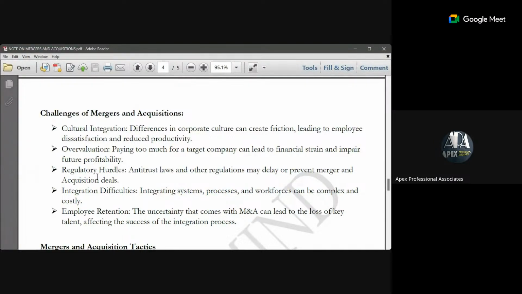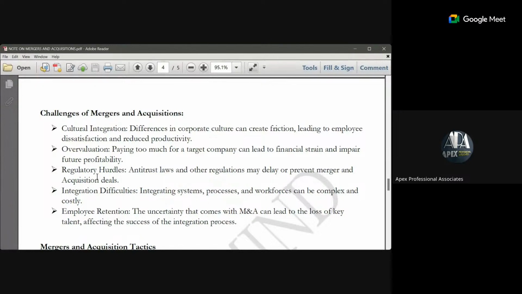However, integration difficulty has to do with bringing company A into company B and being able to match them together for productivity. Integrating systems, processes, and workforces can be complex and costly. So I believe that is clear.